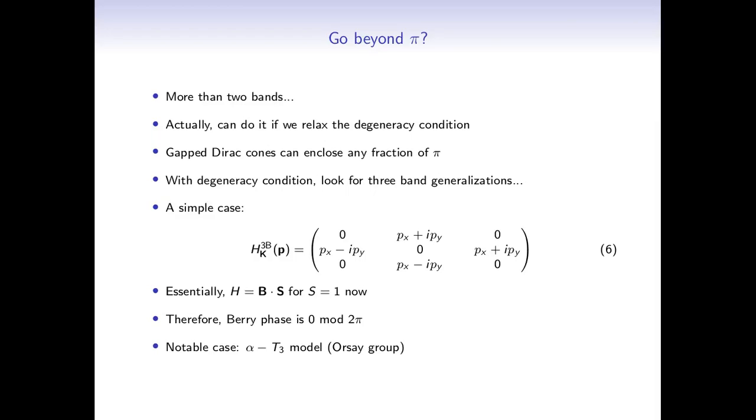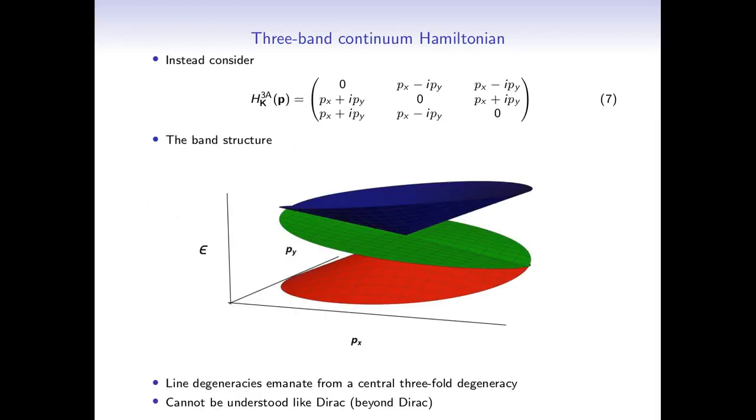You can write down a Hamiltonian like this, which is essentially the B dot S problem, the spin 1 problem defined by Berry. And we know that the Berry phase is 0 mod 2 pi, which is exactly what you find. There's nothing special about it, but we can write down some other models which look something like this, and this model has a very special behavior.